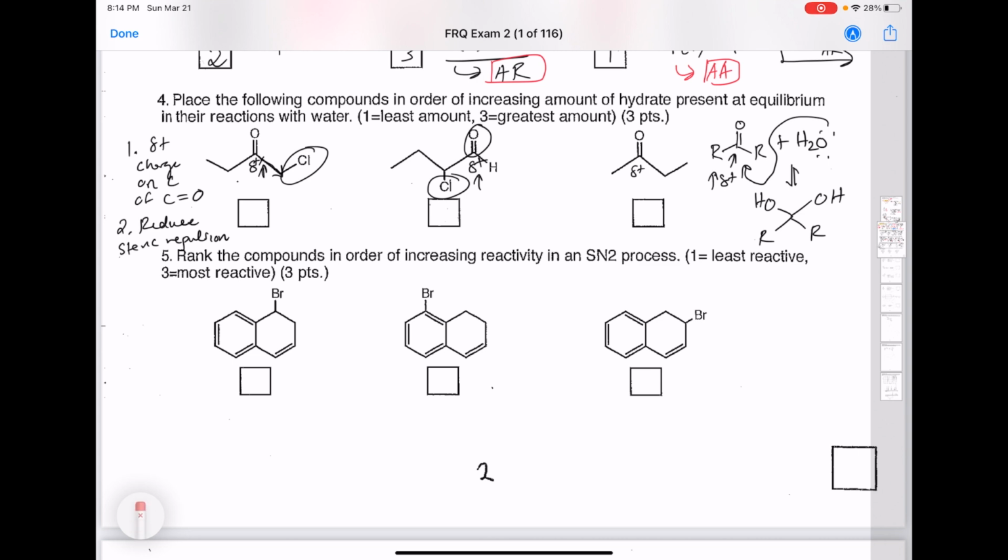And hydrogen is a smaller atom, and so it reduces the amount of steric repulsion as compared to these two because they are ketones, right? So adjacent on both sides of the carbon atom for both of these carbonyls are both carbon atoms. And since carbon atoms are larger than hydrogen atoms, and because there are bulkier groups on each side, we have to realize that this is also the least steric repulsion.